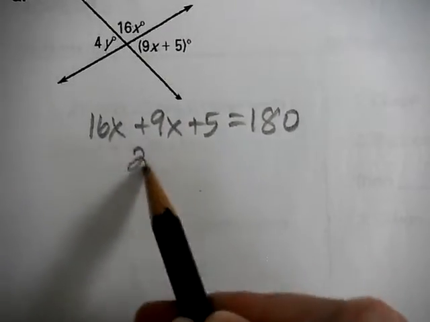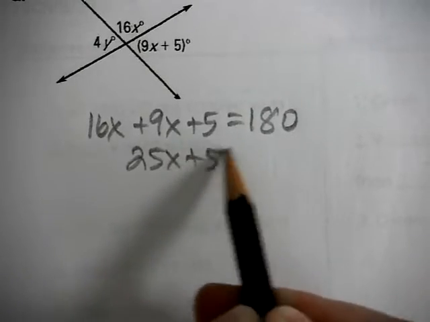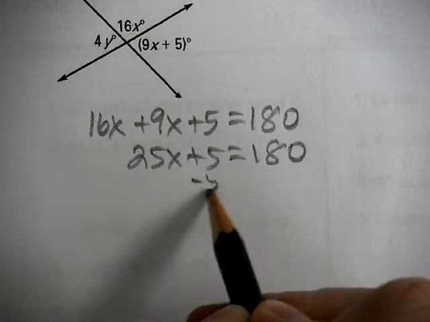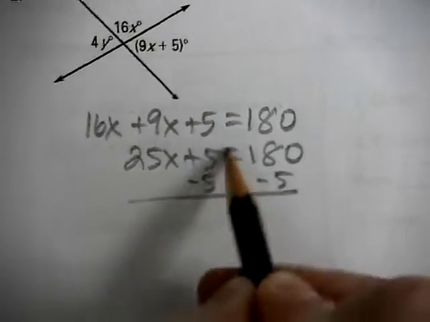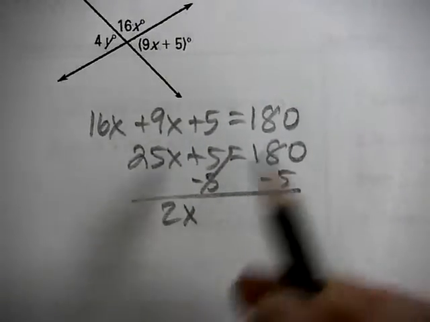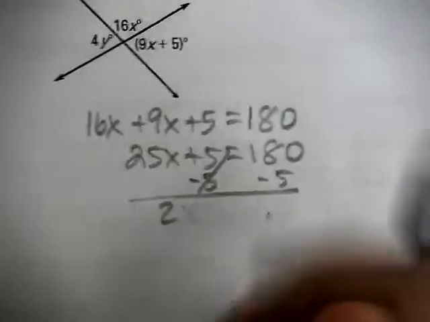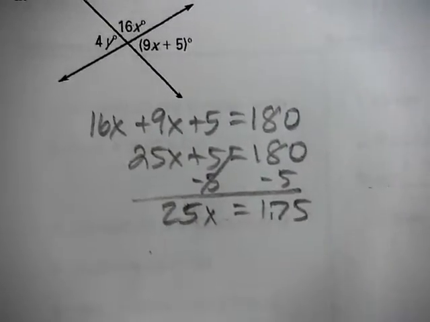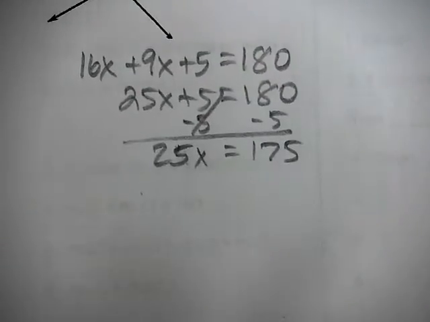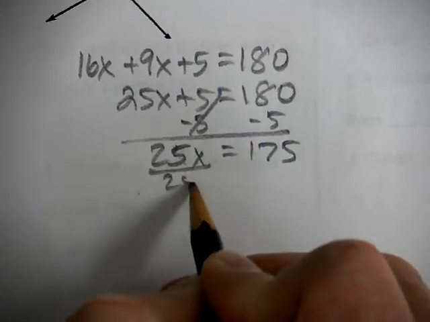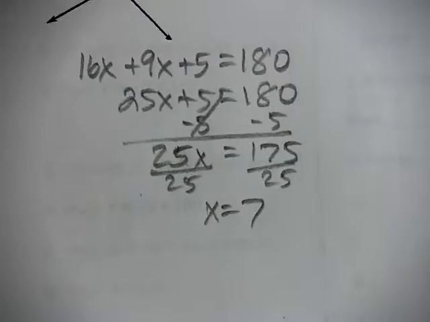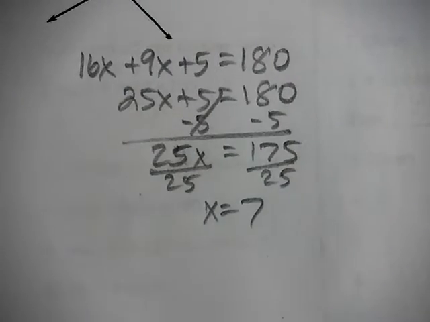You group up your like terms. You subtract across your 5. And we can divide. So that's going to be 7. X would be 7.